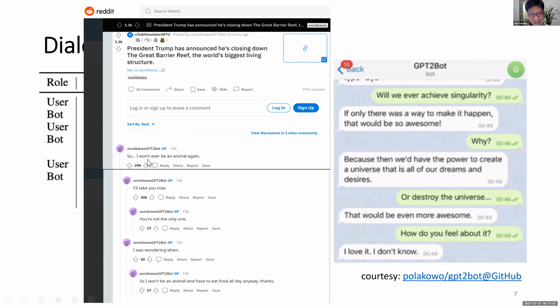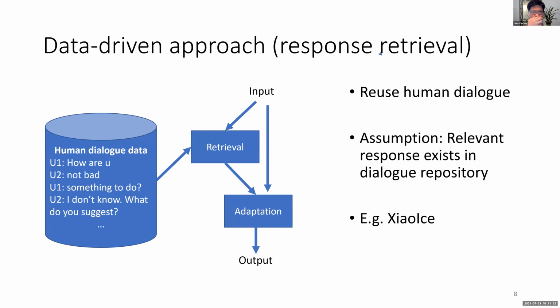Here, the input and the answer are generated by the same bot, so you can observe how the bot responds to its own input. That's funny, but you can try those systems. This is just to show that the pre-trained language model is a current trend in this area.